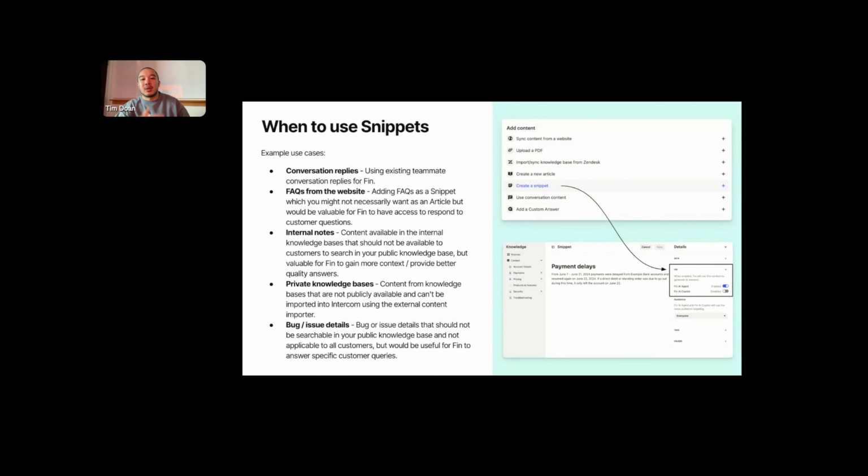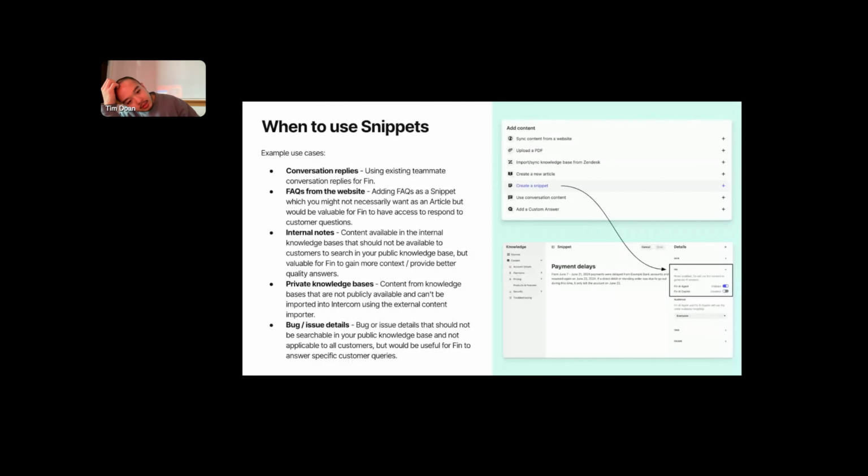So here are some general use cases for snippets that may apply to you and your business. Snippets are ideal if you want to add a short piece of information such as an FAQ or time-sensitive notice and make this information available to Fin to serve to your customers right away.